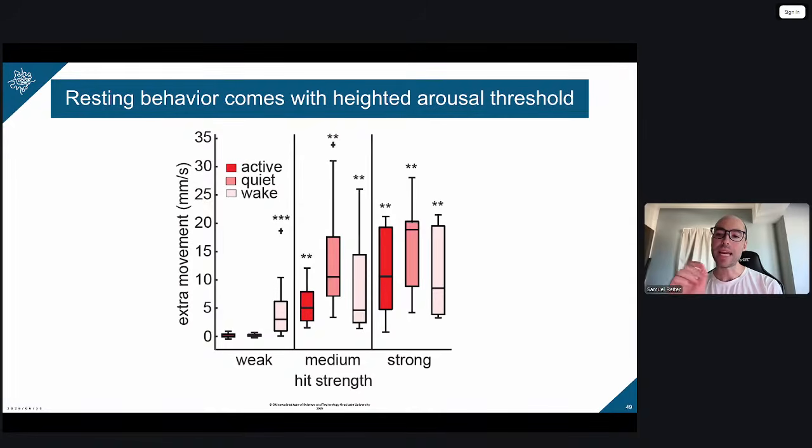We then dialed down the strength of our stimulus about 80-fold, and we could find a regime where the animals will react when they're awake, but they didn't react when they're in either active rest or quiet rest. So this means that both these behaviors, active and quiet rest, come with a heightened arousal threshold. This is the second behavioral criterion for sleep.